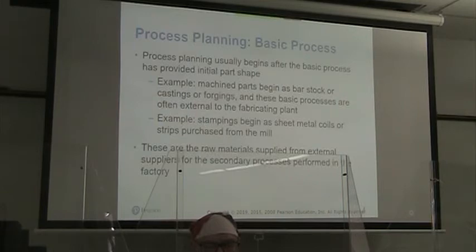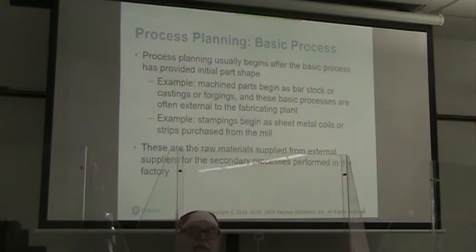All right, so our process planning begins after the basic process gives us the initial part shape. An example might be that machine parts start as bar stock or castings or forgings. And sometimes these processes are external to the entire fabricating process within our facility.